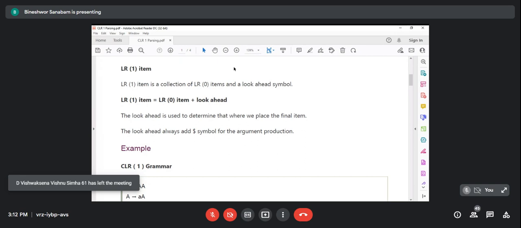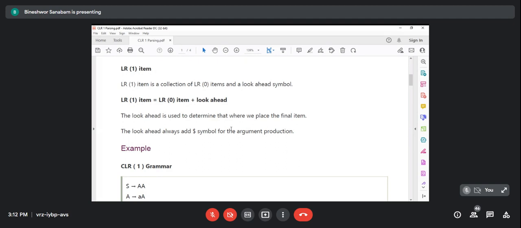So we have to introduce this look ahead symbol along with your LR0 item. LR0 items are productions where you have a dot symbol anywhere in the right hand side of the production.